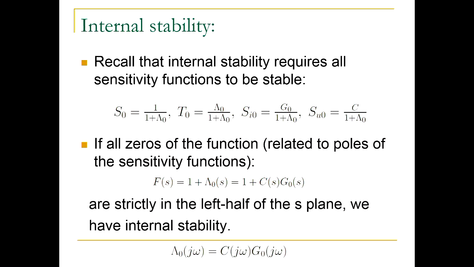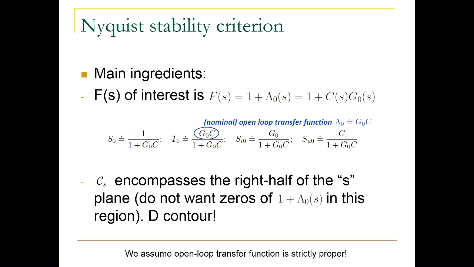Now, in the last lecture, we introduced this lambda 0, which is the product of C and G, plant and control transfer functions, and we were interested in the Nyquist plot of lambda 0, right? Because we said that's what is used to state the Nyquist criterion. So this is just sort of putting things into context. We still are motivating or reminding you what we are doing here.